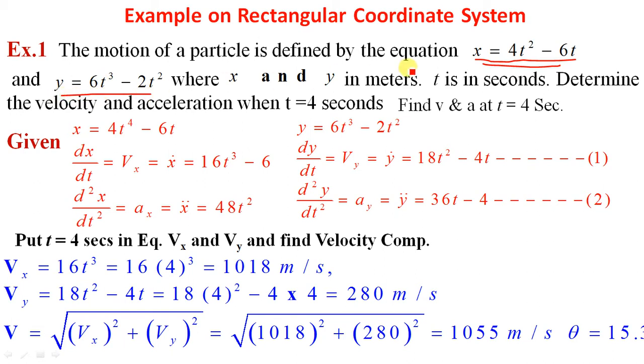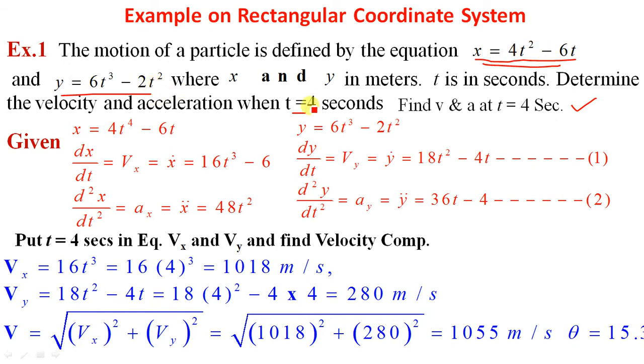So these two position coordinates are given, where x and y are in meters and t is in seconds. Determine the velocity and acceleration at t is equal to 4. We have to find out v and a at t is equal to 4.